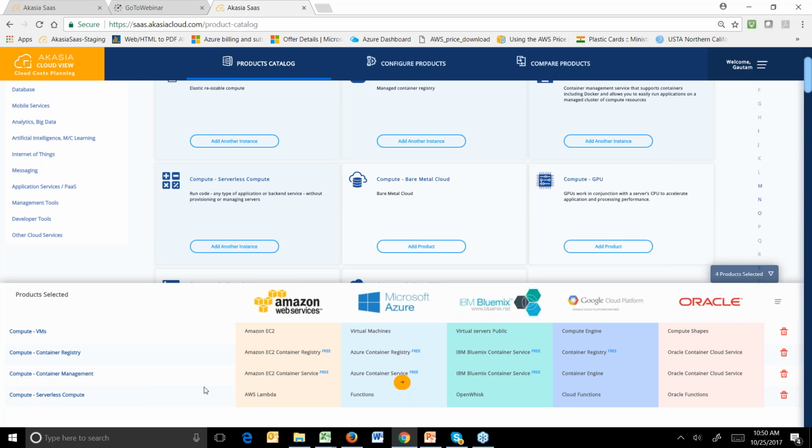For example, in serverless compute, the product from Amazon is called Lambda, Microsoft is called Functions, and IBM is called OpenWhisk, and Google calls it Cloud Functions, and Oracle calls it Oracle Functions, although it is not available to the public yet.